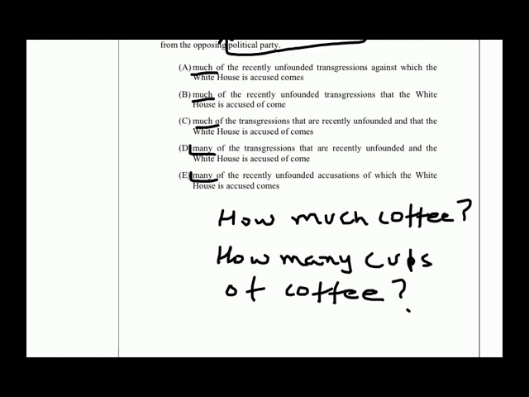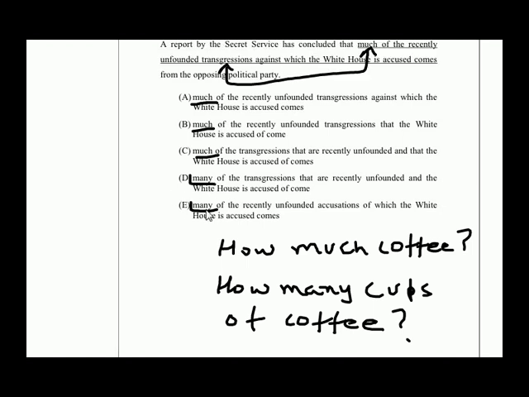Coffee is an uncountable noun, it's a whole, so you use how much coffee. Cups of coffee are countable, and here you use how many cups. So this essentially is what this whole question is based on: the awareness of which adjective to use for which kind of nouns.